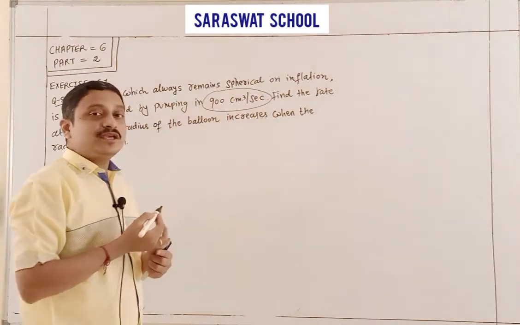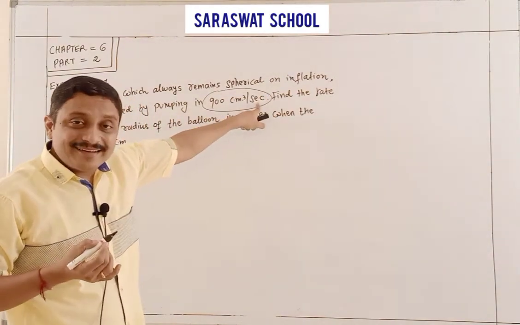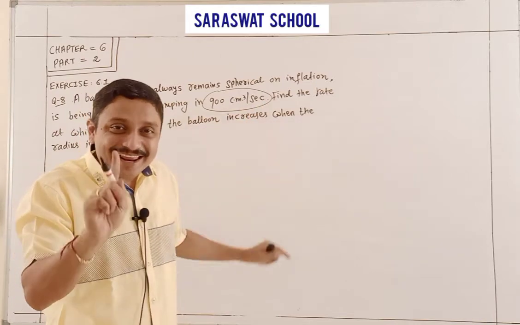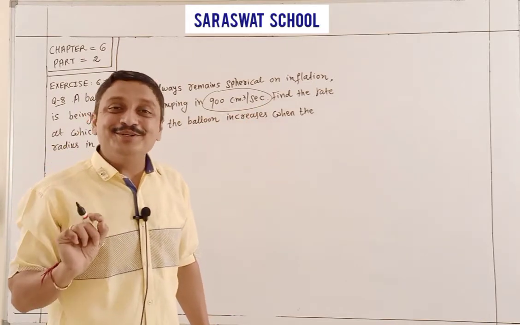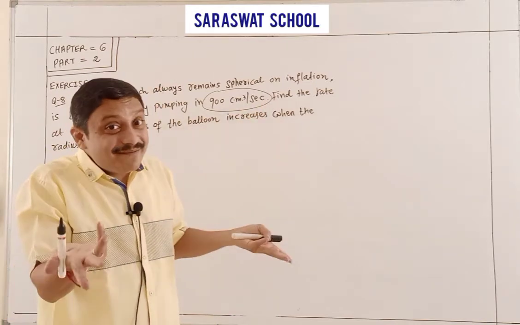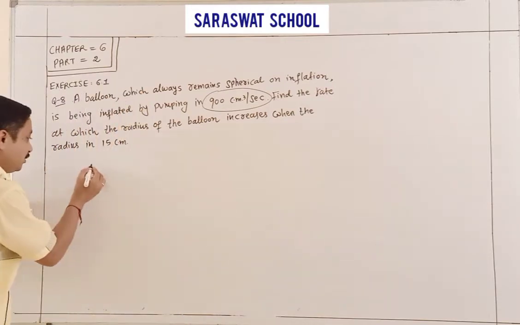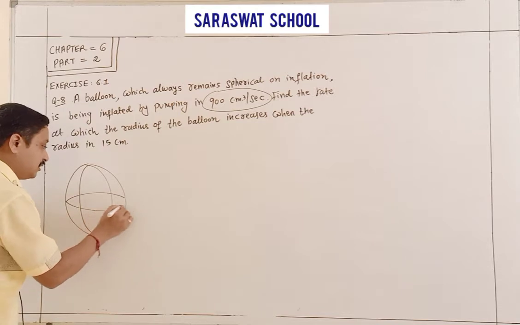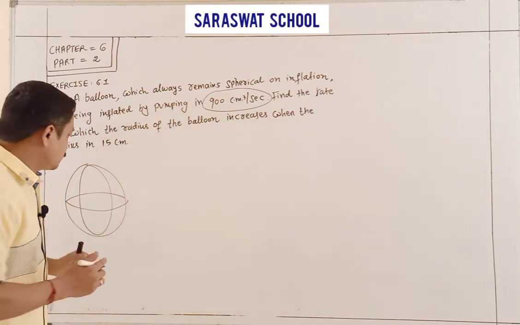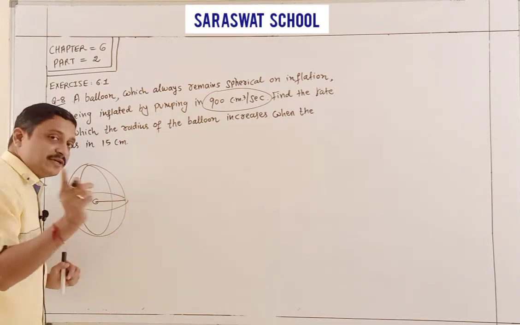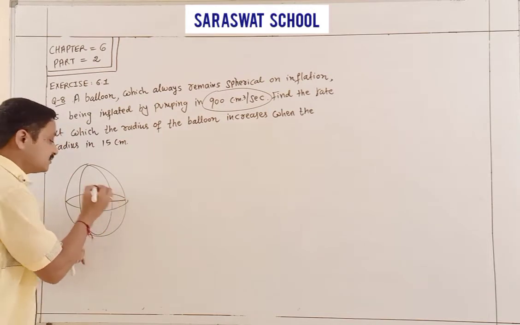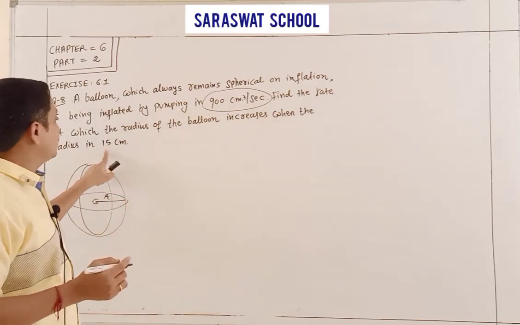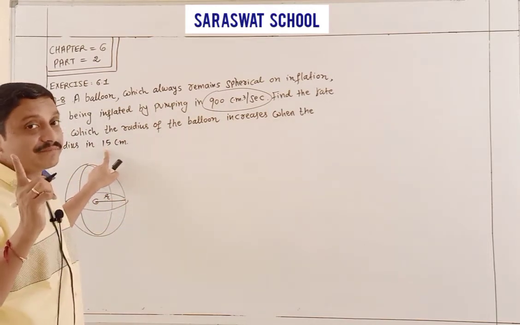900 cm³ per second means derivative with respect to time. Here your balloon is always in the form of a sphere after entering air, so don't worry, the shape is not changing. The radius is given as initially 15 cm.